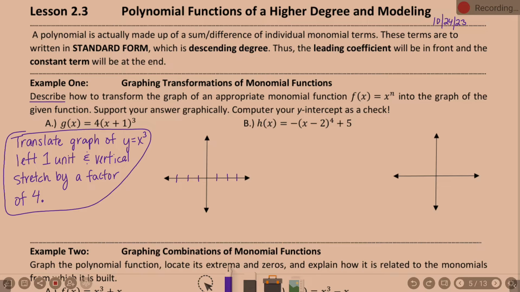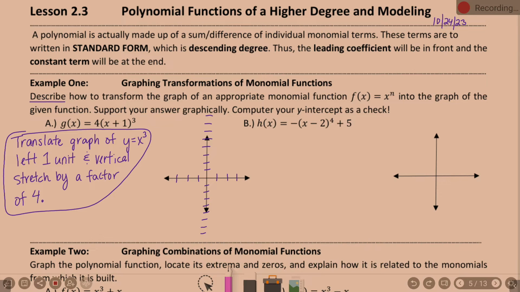Now, to do the original graph, which is what I want to start off with, I am going to mark off up and down 8. Because what I want us to think about is to start with the basics.